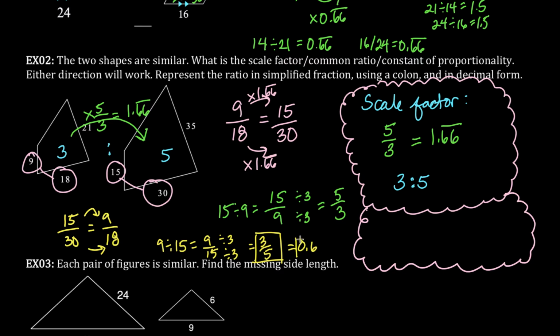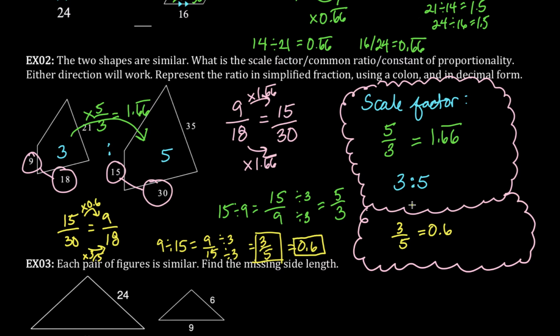Let me write that a little bit better. 0.6. So this is times 0.6. Since we know they're similar, we know this is also. So I'm going to put times 3 over 5. So you could also say that this is 3 over 5, which is 0.6.